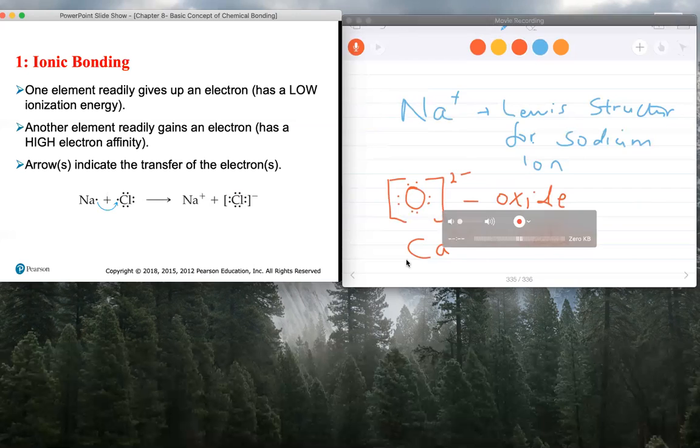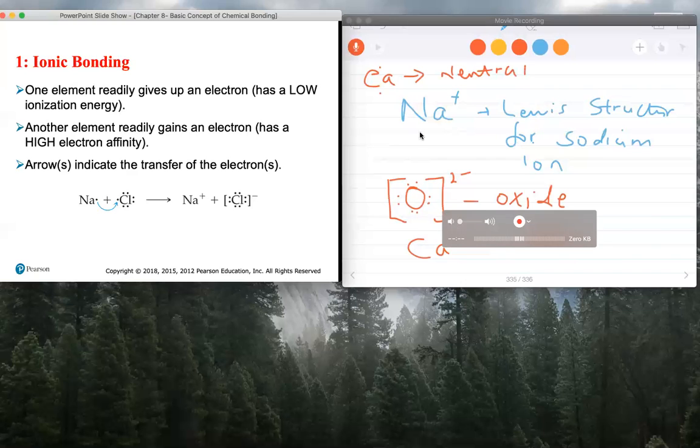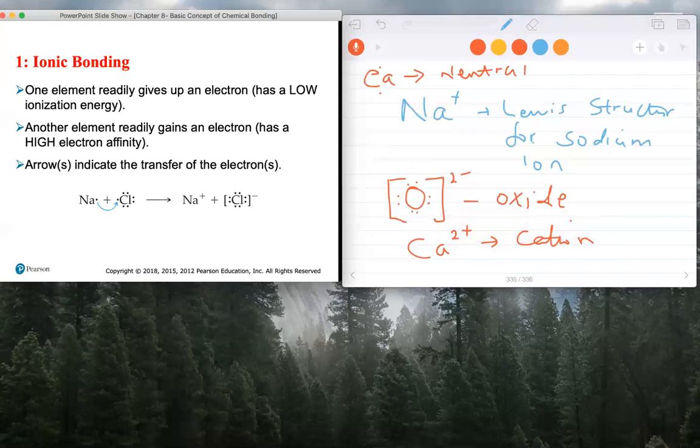And this is the Lewis structure. You'll have expected neutral to have this. Remember the neutral calcium? This is neutral. That means it has not lost any of the 2 valence electrons. Something I need to bring to your attention is how you write the dot structure for anions, that means negatively charged.